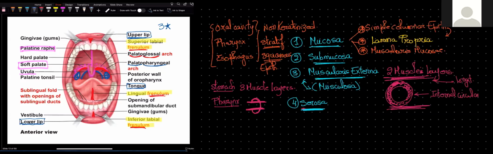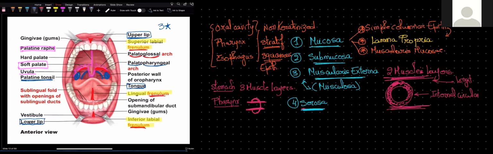Those tonsils might get inflamed, and if they get so large or are exposed to recurrent infections, we need to perform a tonsillectomy. We remove them. Those are the palatine tonsils.